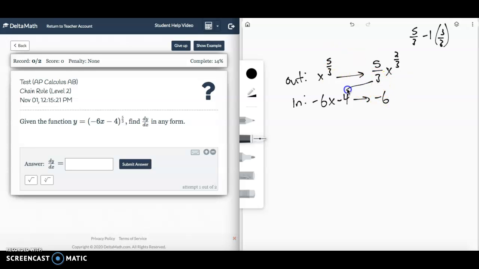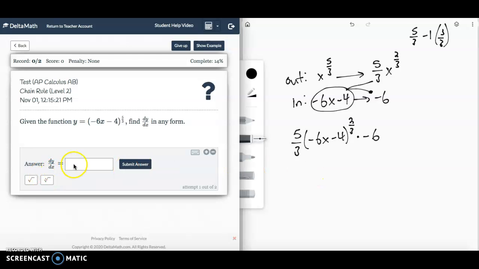Derivative of the outside, keep my inside the same, times the derivative of the inside. So we get 5/3, this, my inside's the same, times negative 6. And so we can just type that in just as it is. It says in any form, but then it also gives me roots, so it makes me nervous it's not going to accept 2/3.